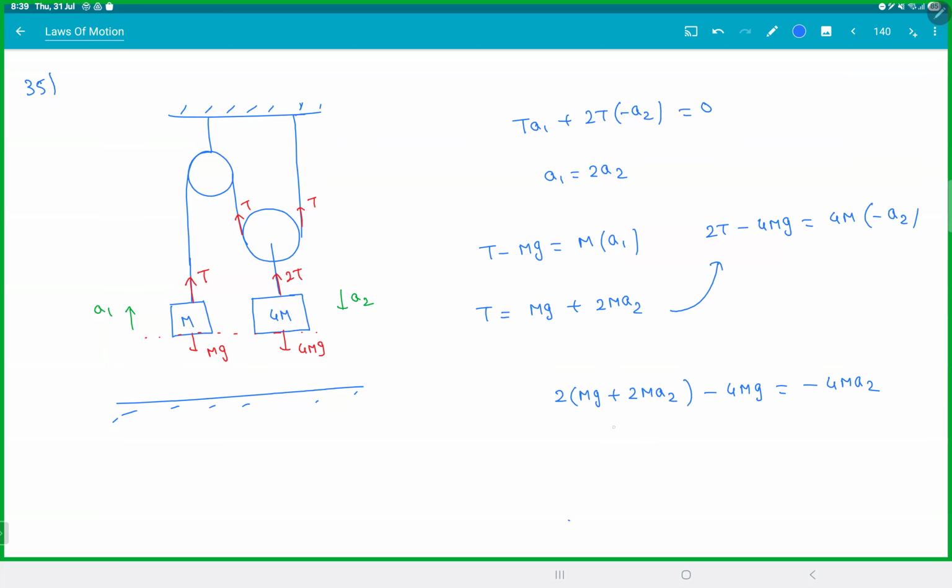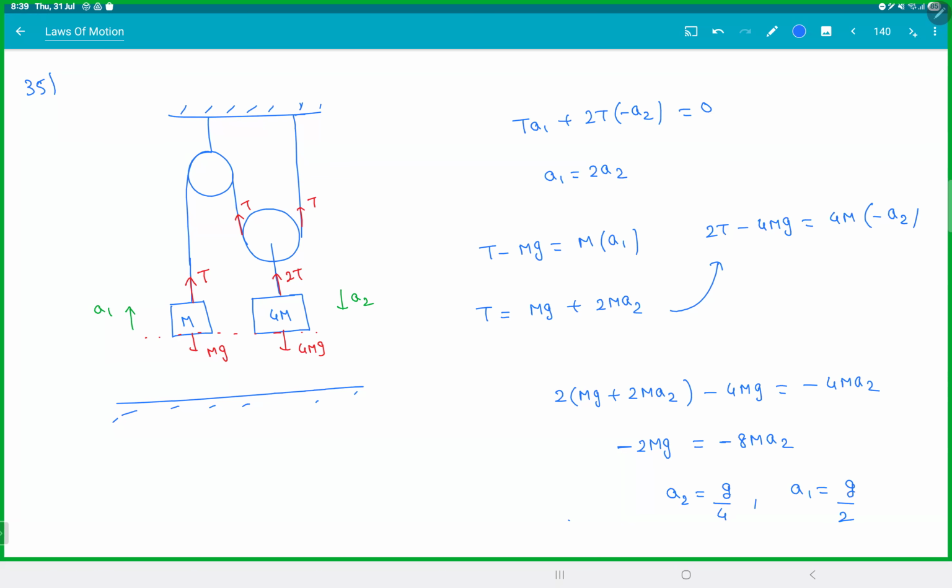This will be 2mg minus 2mg, and this will be minus 8ma2. So from here, we get a2 is equal to g by 4. If a2 is g by 4, then a1 will be 2a2, which is g by 2.